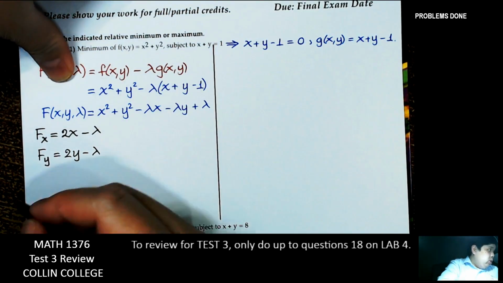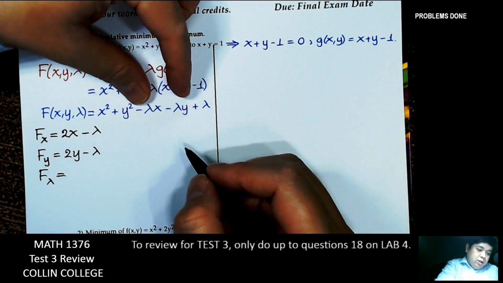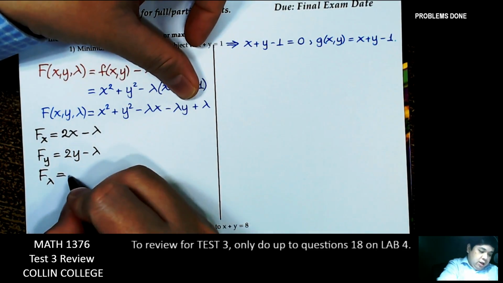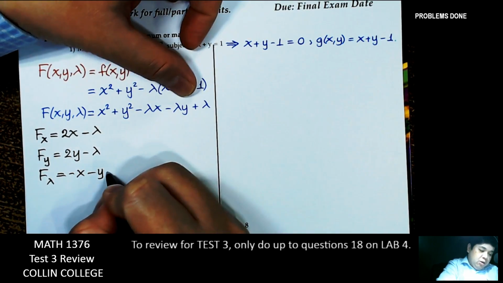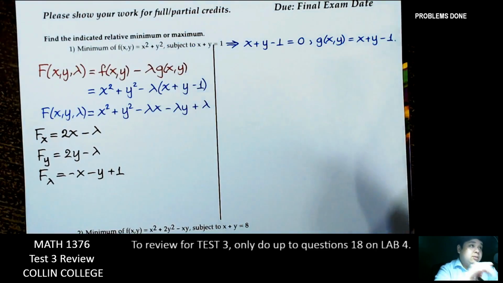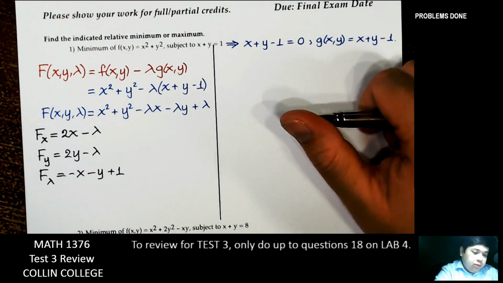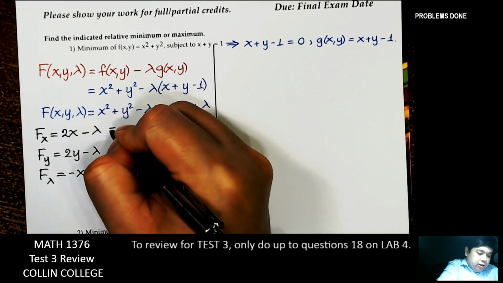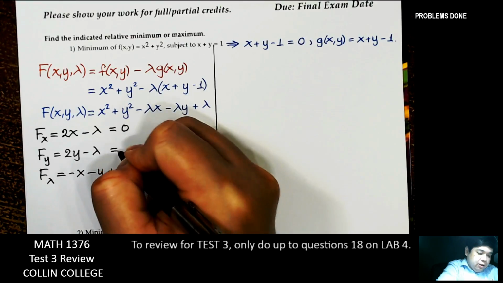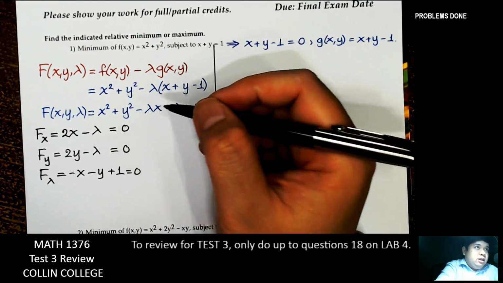And then derivative with respect to lambda will be those three terms: negative x, negative y, and plus 1. And we make them equal to 0, and then we solve for it.